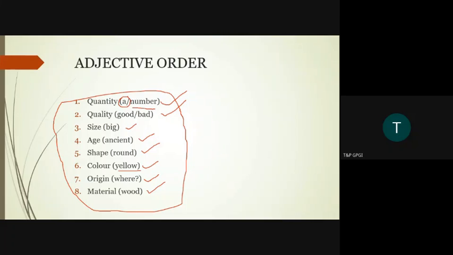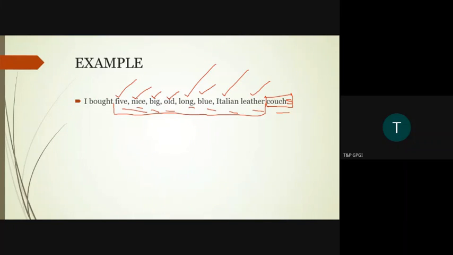Now if you read any paragraph or any sentence in your paper, you will be able to identify very easily where the noun is, what the adjectives are, or what the pronouns are. So now I hope you all got the clear picture of noun, pronoun, and adjective.